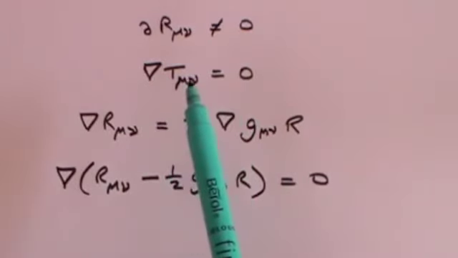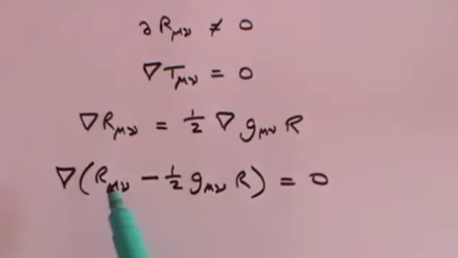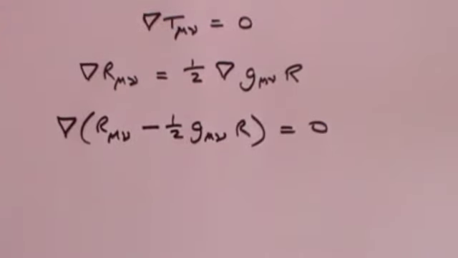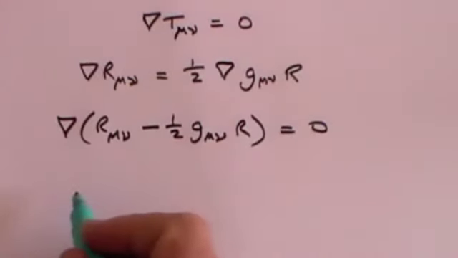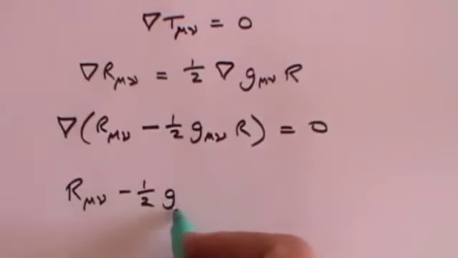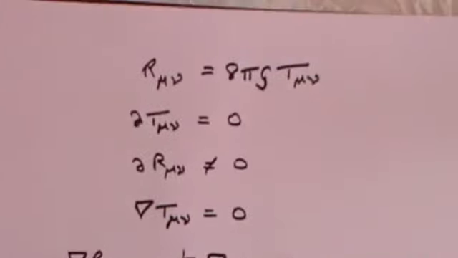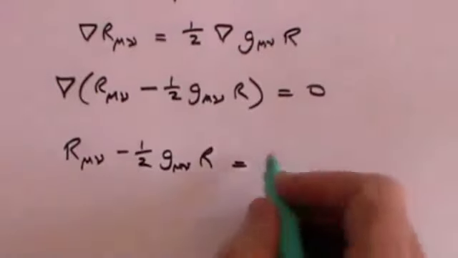We've got the covariant derivative of T mu nu equals 0, and the covariant derivative of this term equals 0. Therefore, that term and that term must be equivalent. And so we've now got a left-hand side of the equation, R mu nu minus 1/2 g mu nu R, equals the right-hand side of the equation. Well, it's not just T mu nu, of course. It's 8 pi G T mu nu.